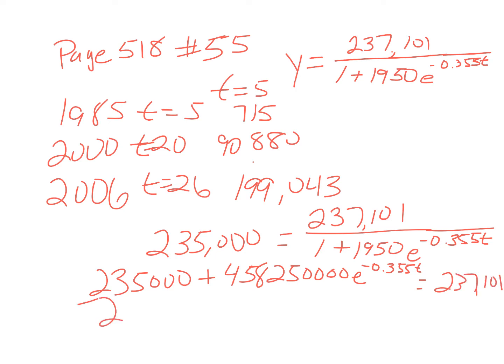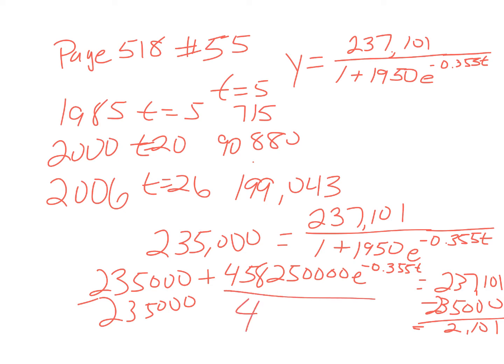So we can subtract both sides by 235,000, getting us 2,101 equals left side. And then we're going to divide both sides by 458,250,000. And then on the next slide, I will show you what happened next.